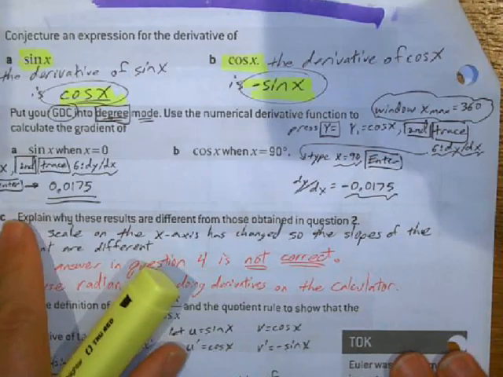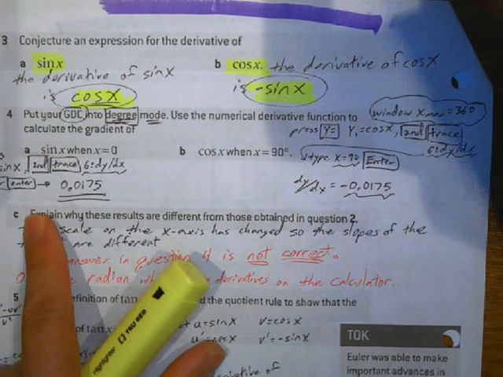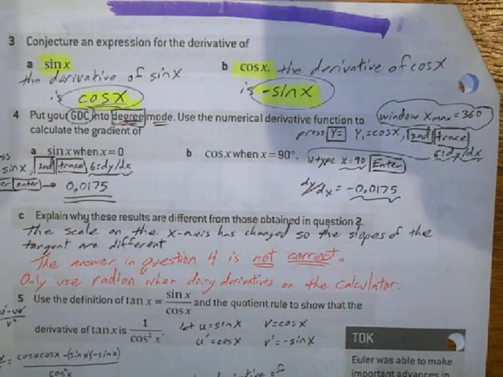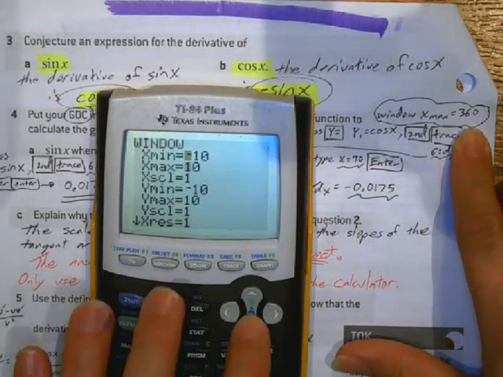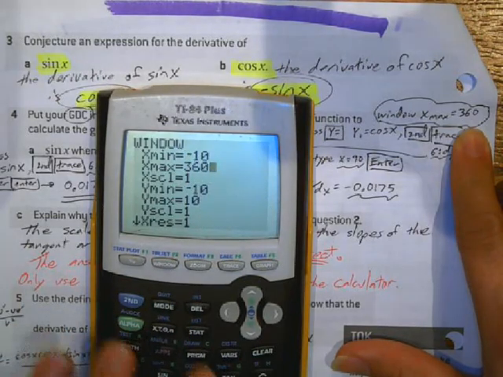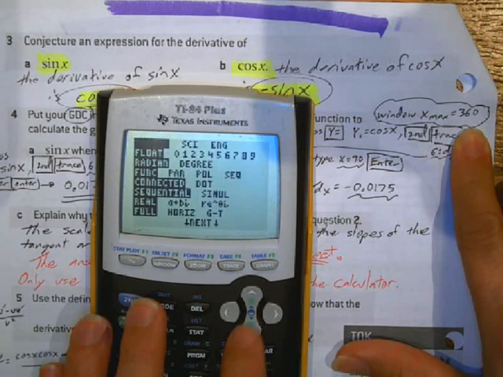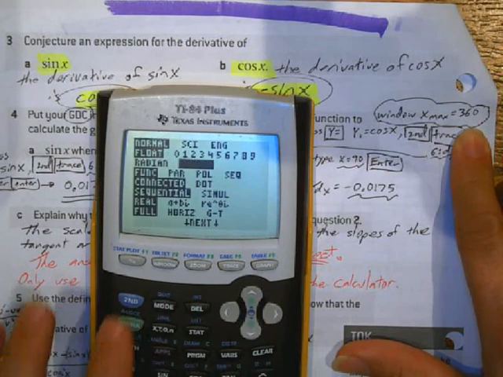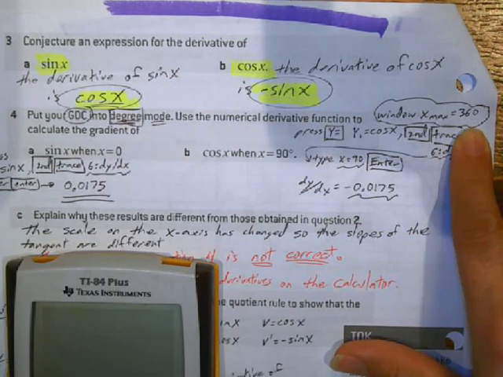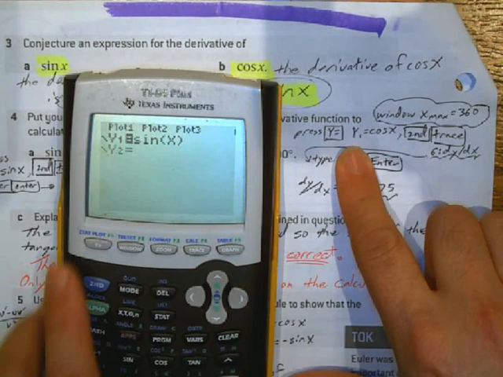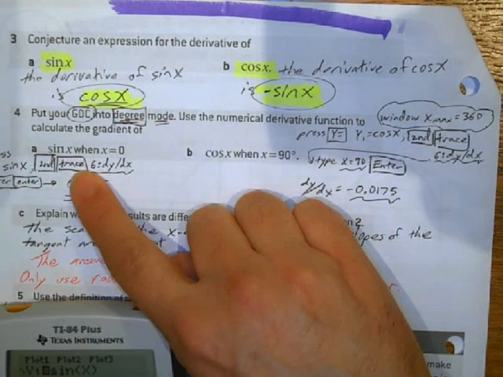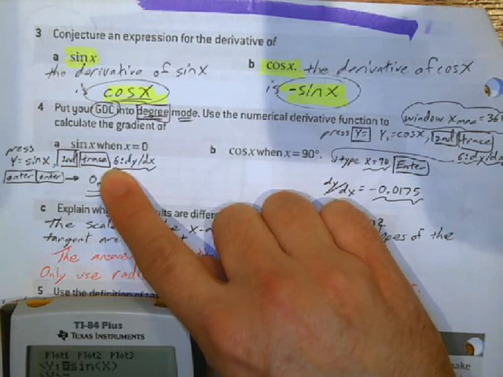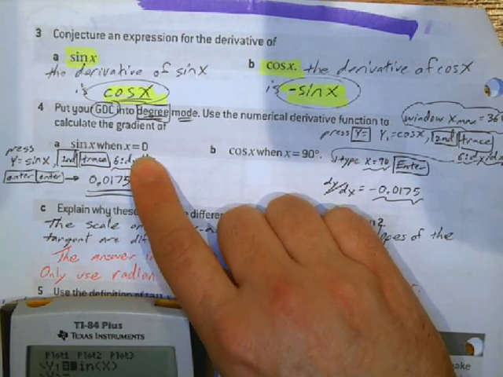Question 4 isn't really that important, but if I had my window max at 360, and I change my mode to degrees and hit enter, and then I hit y equals, and I've got sine x, I want to find what the derivative is when x equals 0.